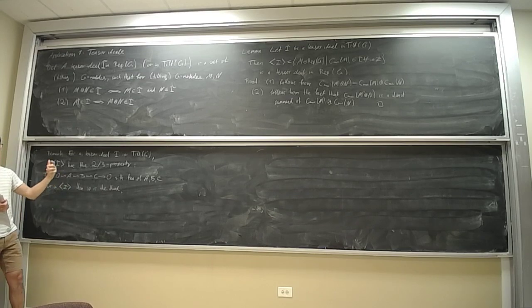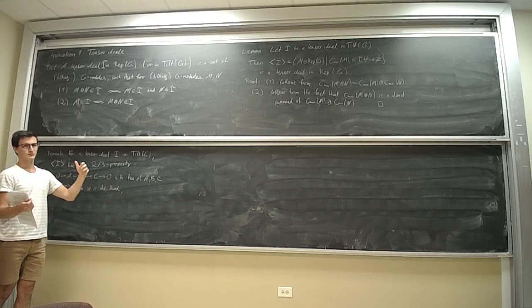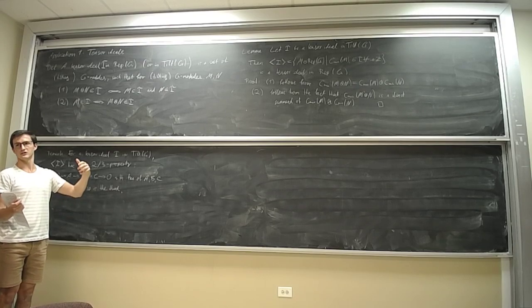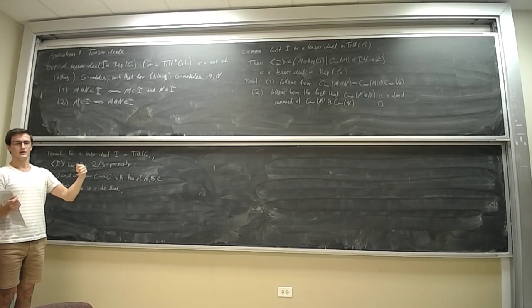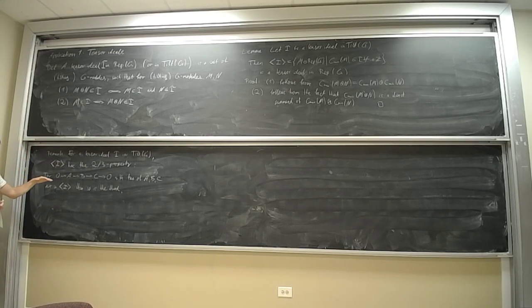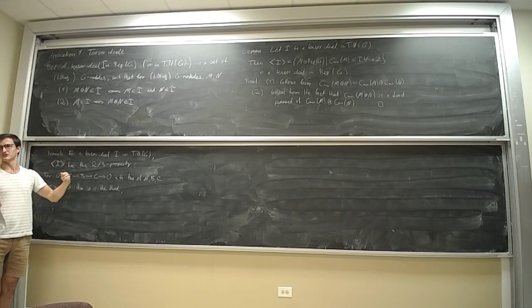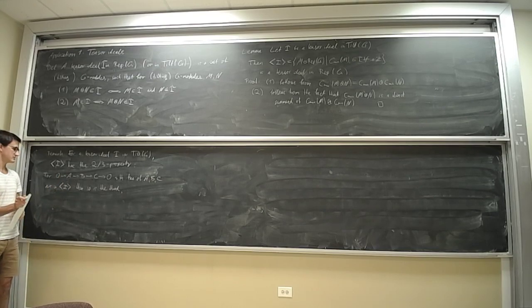This essentially comes from the fact that these minimal tilting complexes are somehow defined internally in a triangulated category. Like you pass through the homotopy category when you're defining them. And so this 2 out of 3 property is a relic of this triangle rotation that you get in triangulated categories.